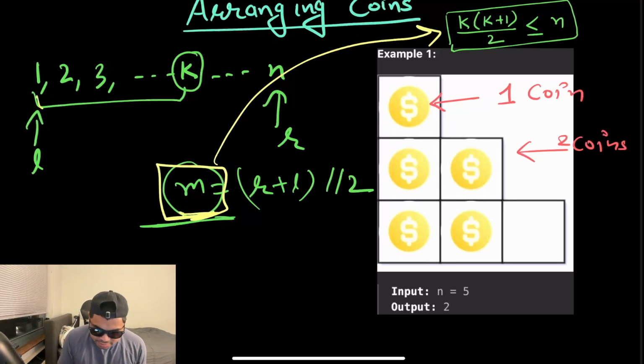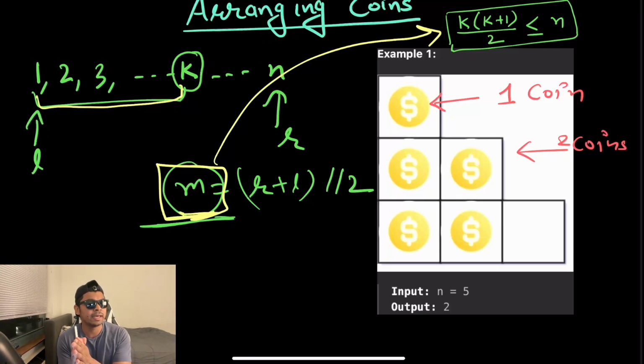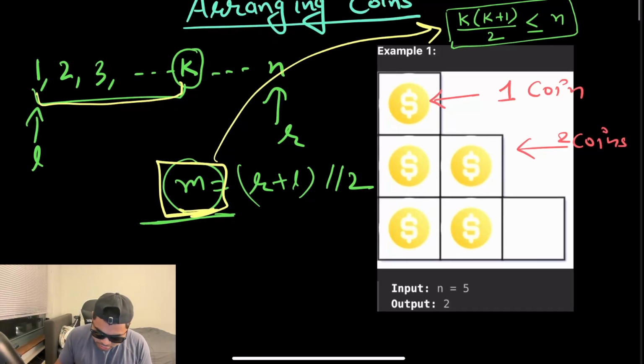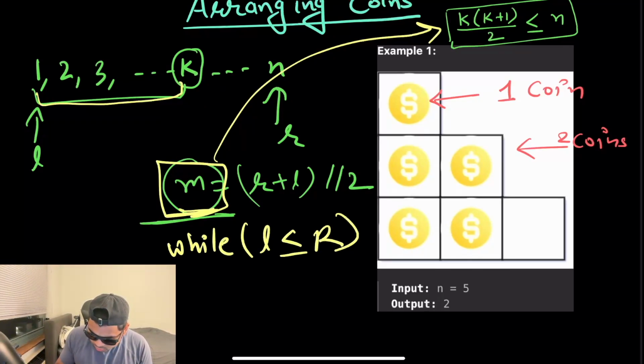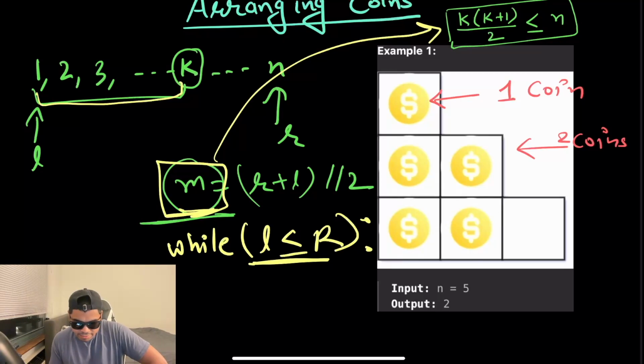A number lesser than that, that means we move our left pointer ahead, and we will have the condition while left is lesser than or equal to right. That means this will fail only when our left is greater than right.